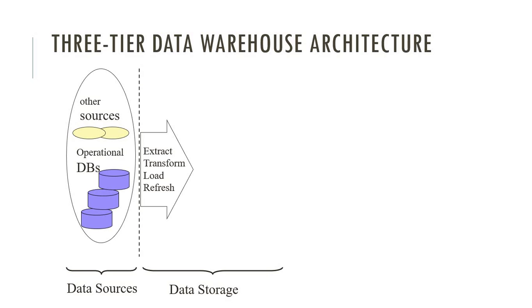Transform is the process of converting the extracted data from its previous form into the required format. As I already said, we are collecting data from multiple sources and we cannot expect that the format of each data source is the same. So the work of transform is converting the collected data into the required format.